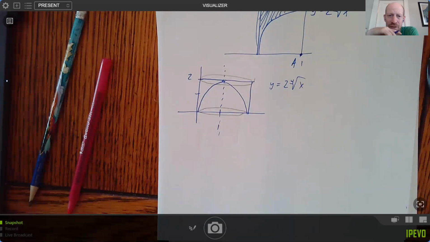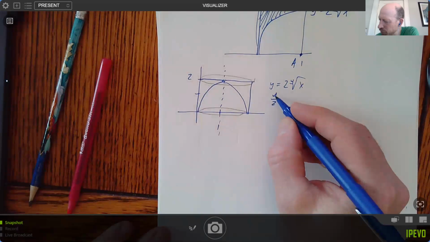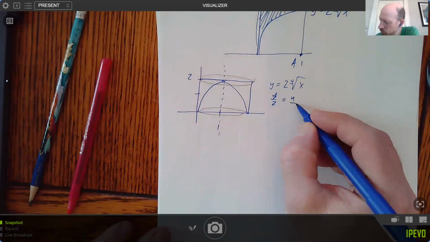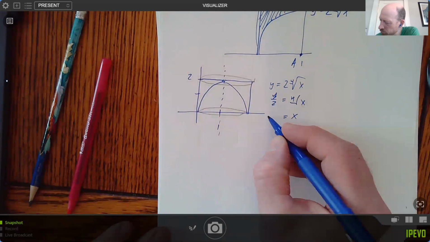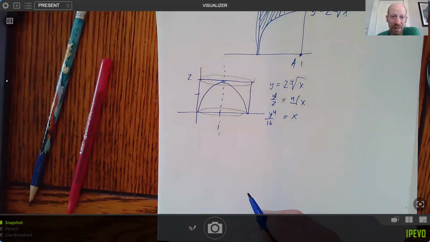With the last one, I made it worse when I solved for x. This one, I would argue, I might make better. This is y over 2 equals the 4th root of x, so x equals y to the 4th over 16. I probably like that function better for antiderivatives.